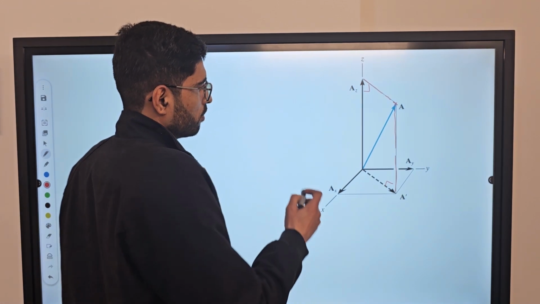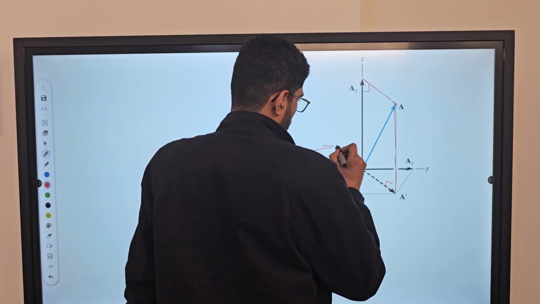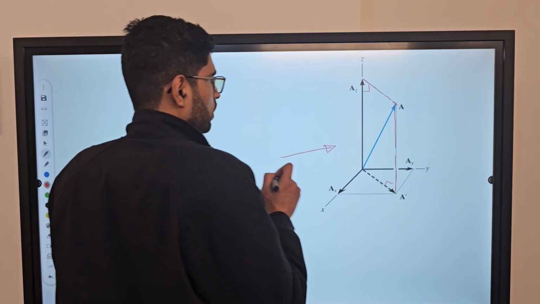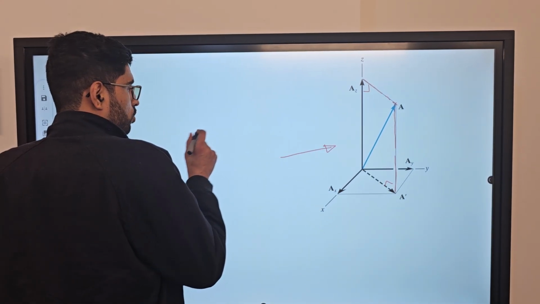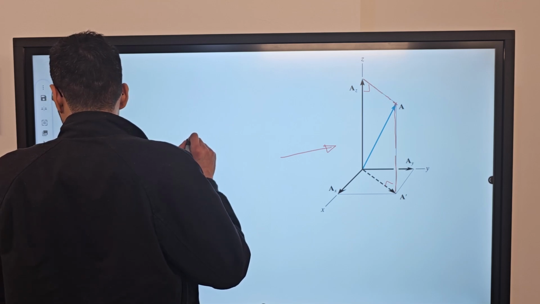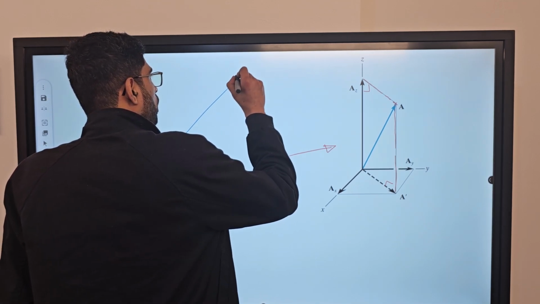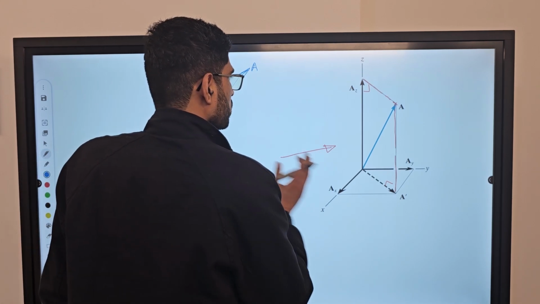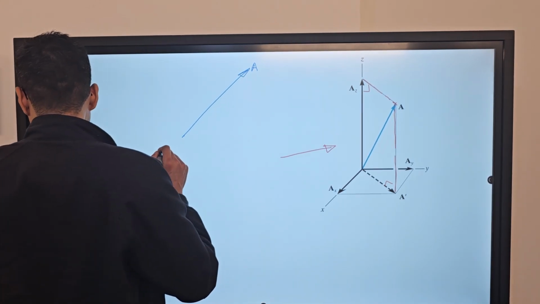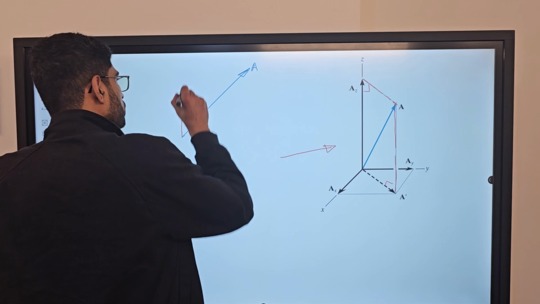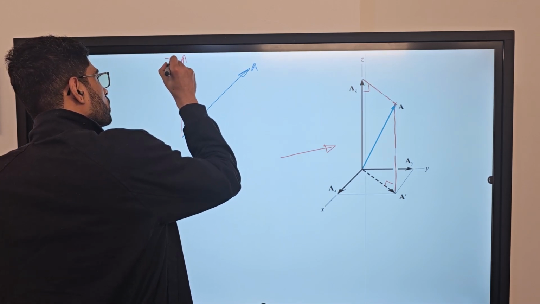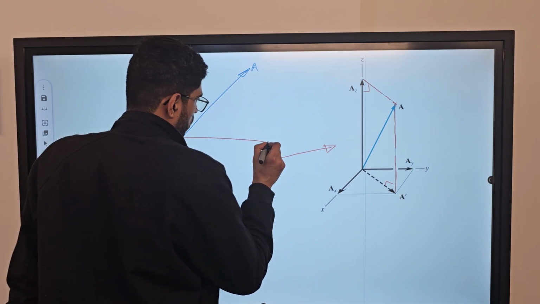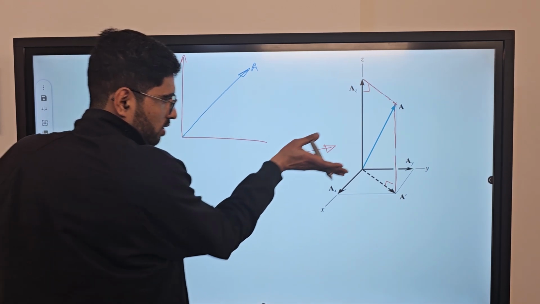Now if we observe this given vector A from this direction, we will be able to see the vector like this. If we look from this direction, the z-axis is in the upward direction, so this will be our z-axis, and this vector is along this line.